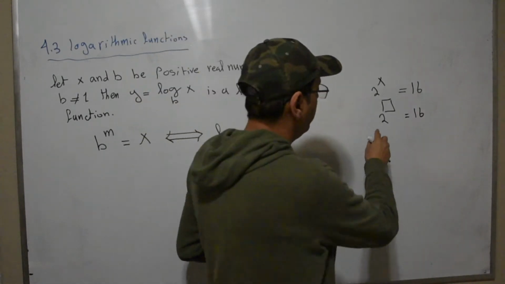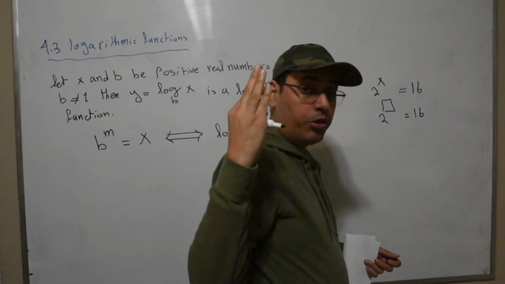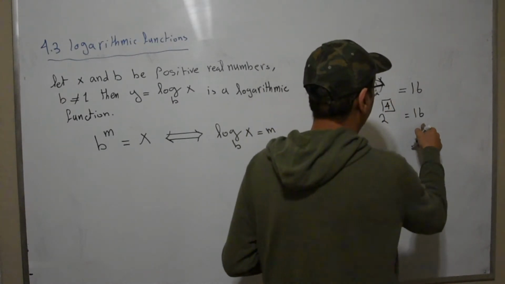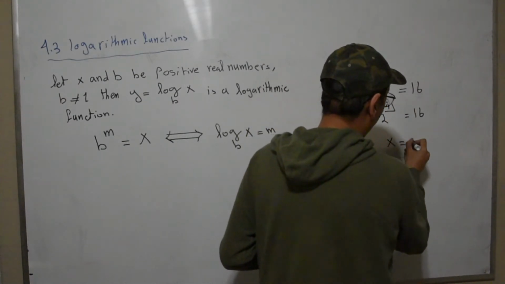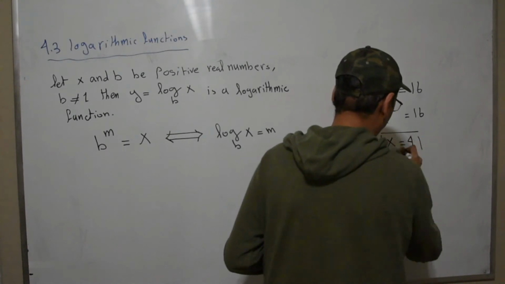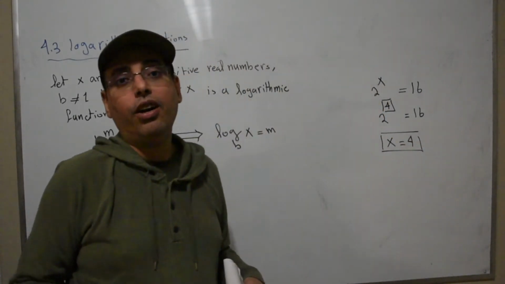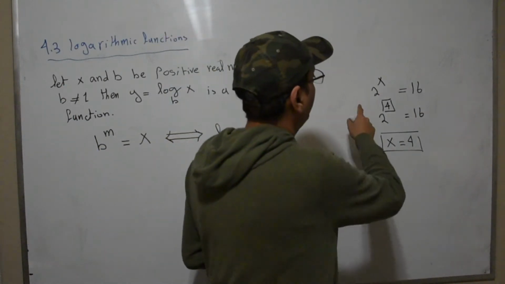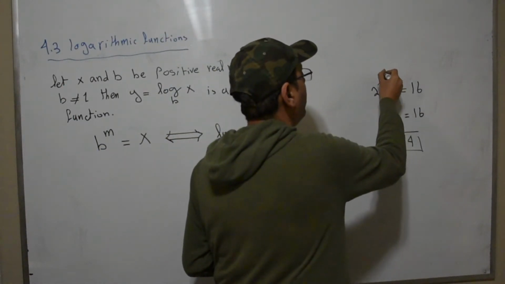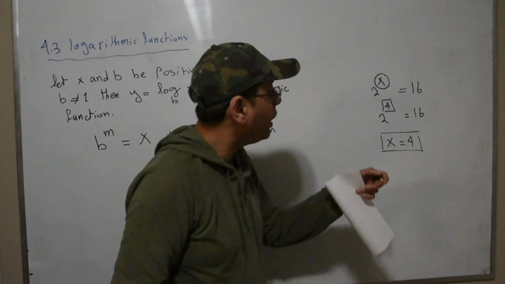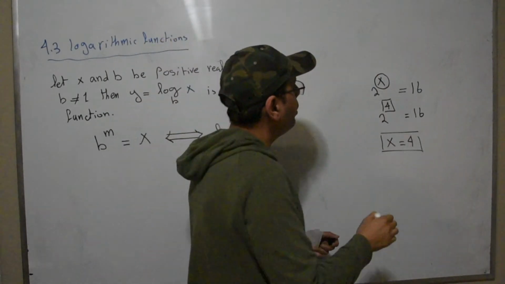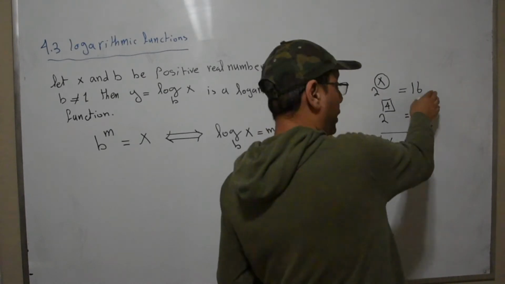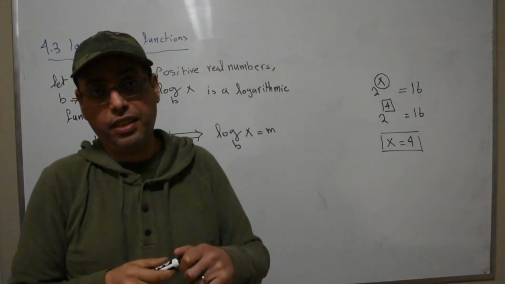Simply 2 times 2 times 2 times 2, so 2 to the 4th power equals 16. Therefore x equals 4. So this is the idea of the logarithm function. The logarithm function evaluates that x, the exponent, given the base and what we call the argument, or the answer in this example.